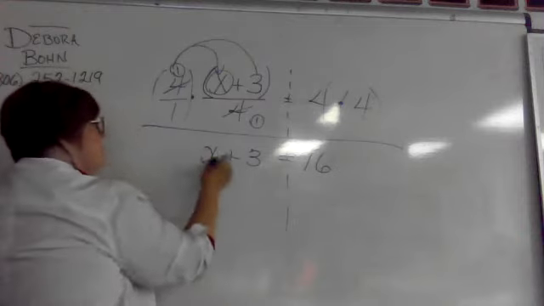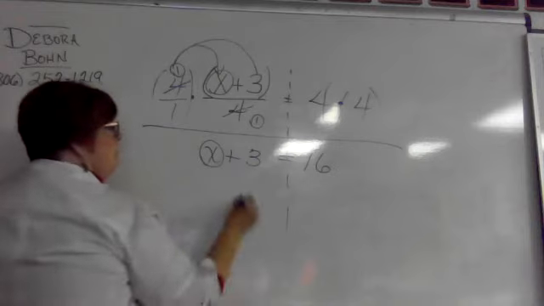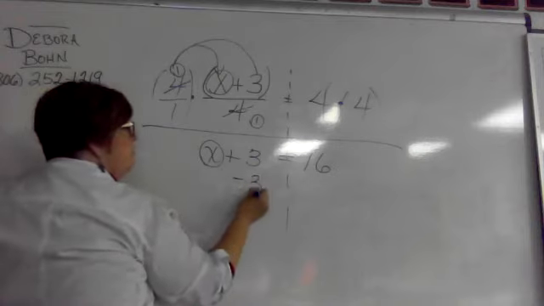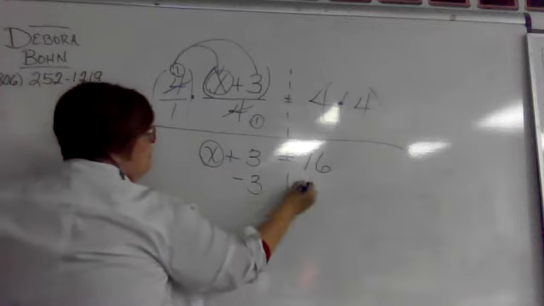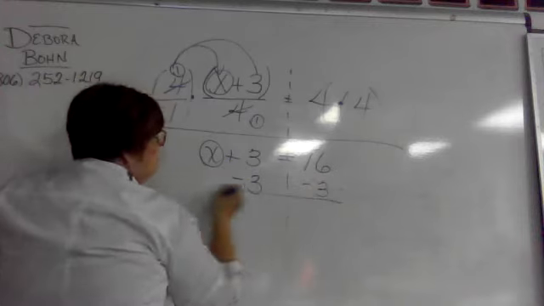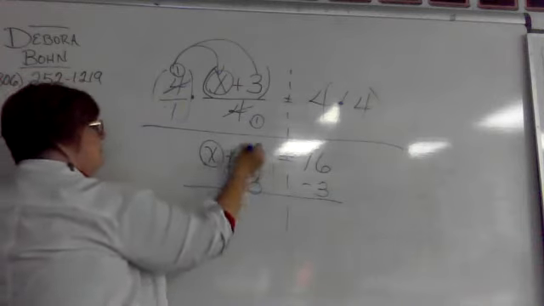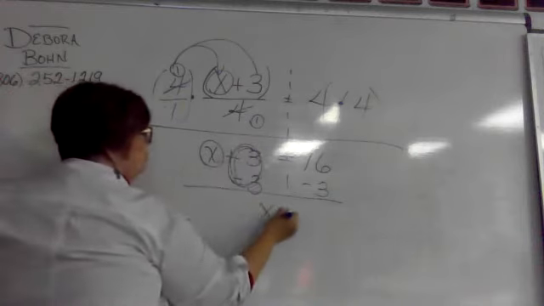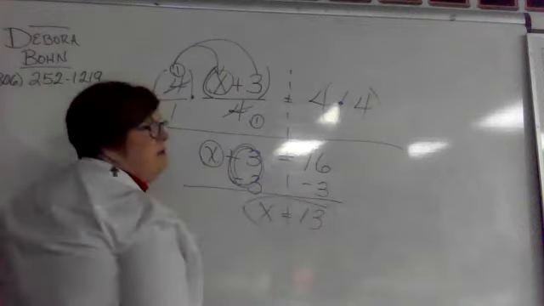From here, it gets much easier. And all we have to do is subtract a 3 because it's a plus 3. So we minus 3. We balance the equation and see what's left. We have x equals 13.